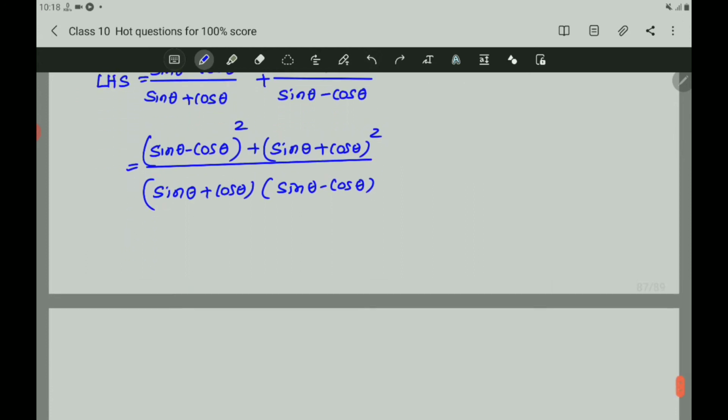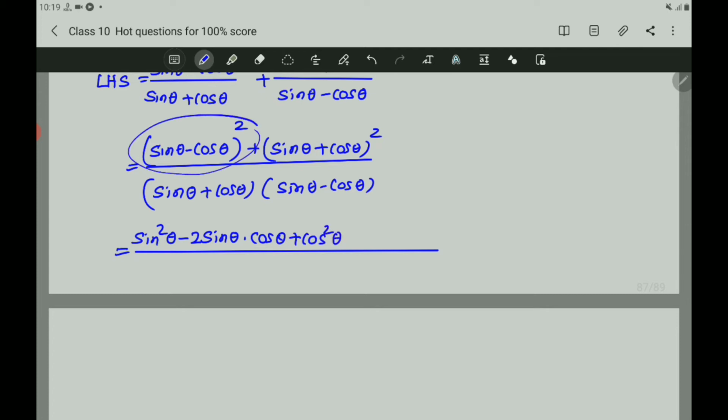Next you write the expansion of this by using the identity a minus b the whole square. Sin theta minus cos theta whole square, a minus b the whole square, is a square minus 2ab plus b square. A square means sin square theta, minus 2ab means 2 into sin theta into cos theta, then b square is plus cos square theta.